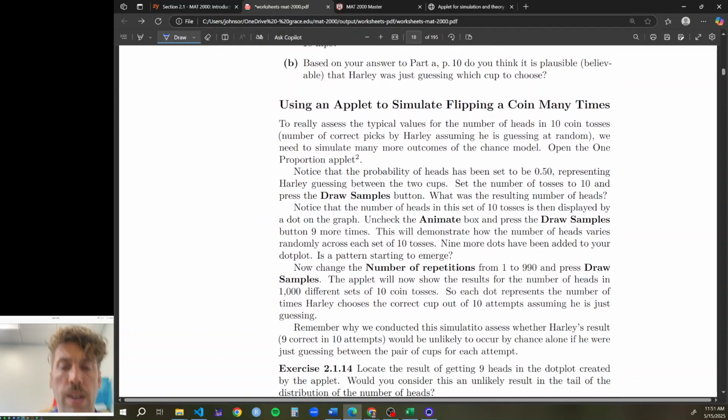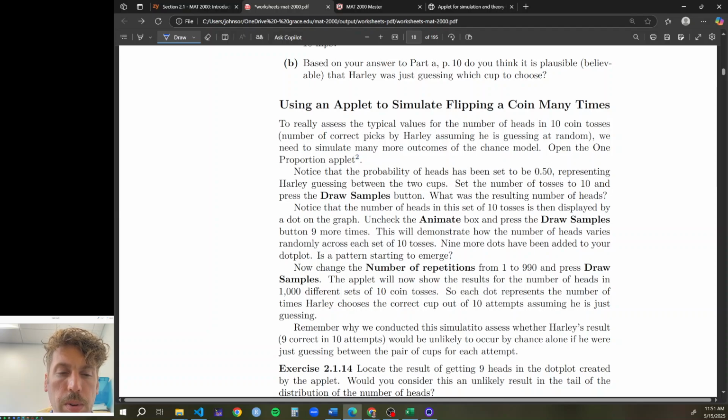Now, flipping a coin 10 times, a whole bunch of times, takes a lot of time. So now we're going to use an applet. Our textbook comes with several applets that do this sort of thing. There's a link if you click right there.